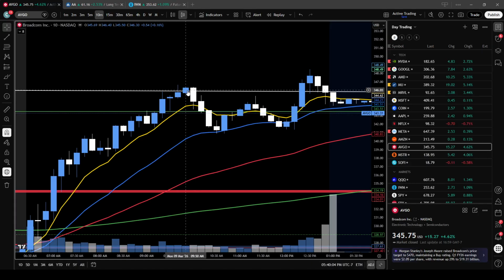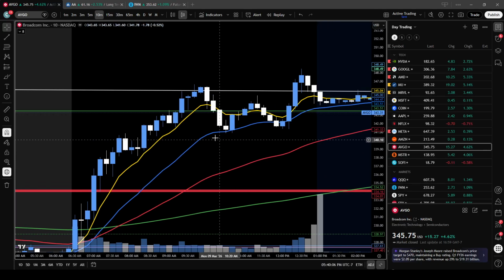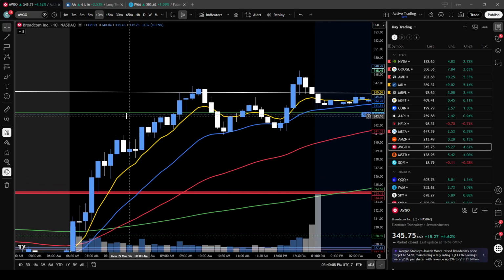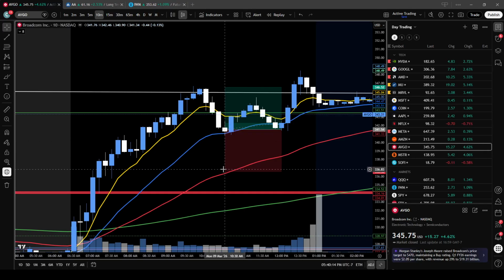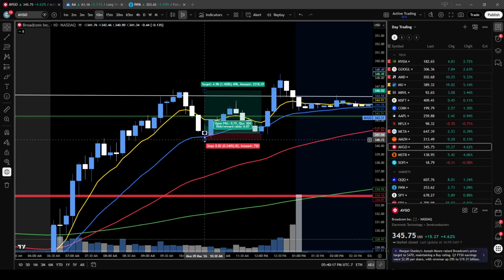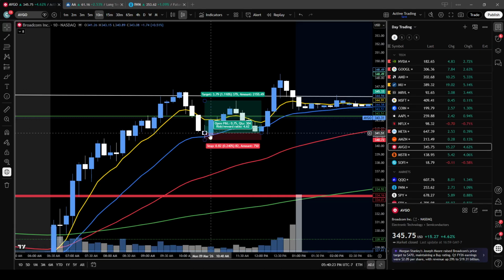It's clearly a fade down into the 20. And once the 20 bounces, you get that little entry right there. Stop is at the bottom of the candles, probably slightly below if you're playing 0 DTE. And then 4.6R, 100% on that, Haley got.